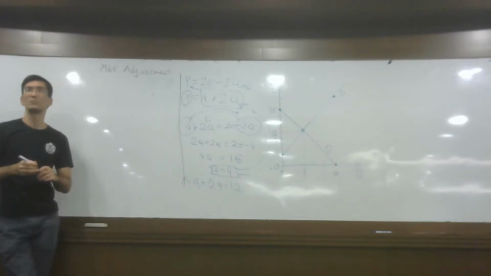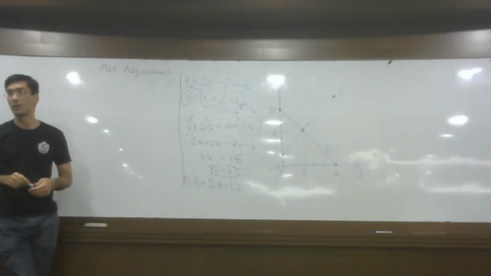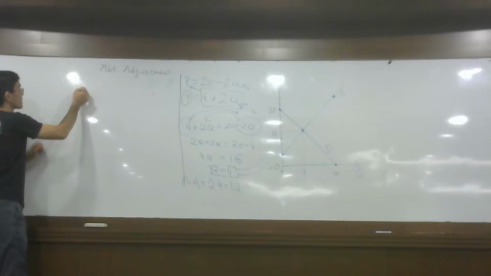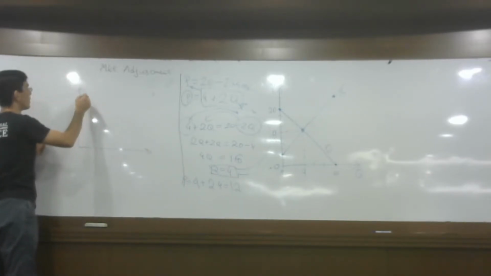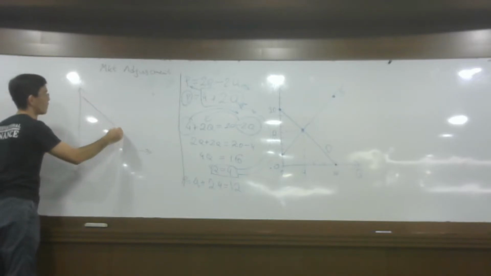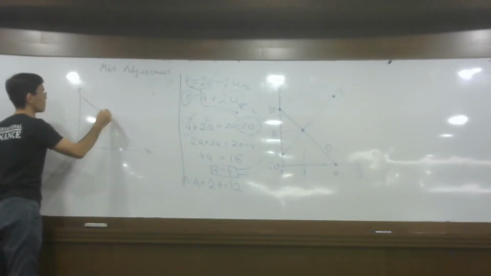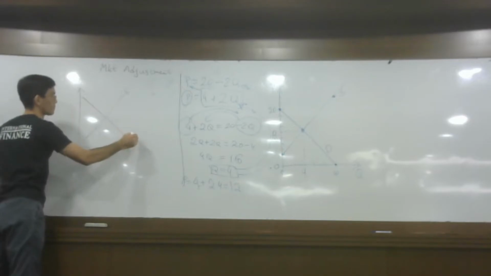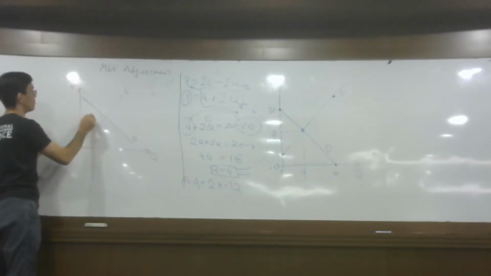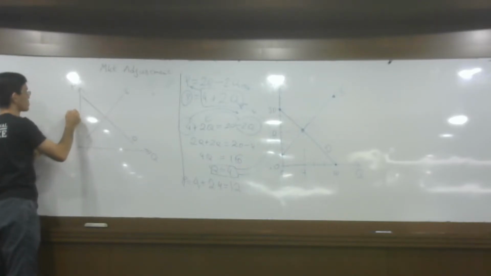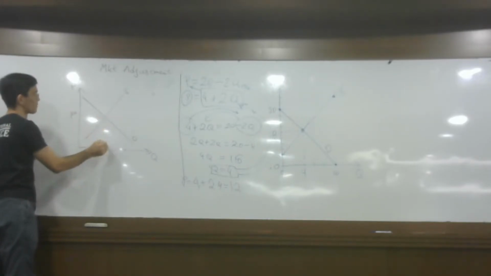Market adjustments whenever the market is not in an equilibrium. For example, let's say we have a market over here. Let's say this should be our equilibrium price.